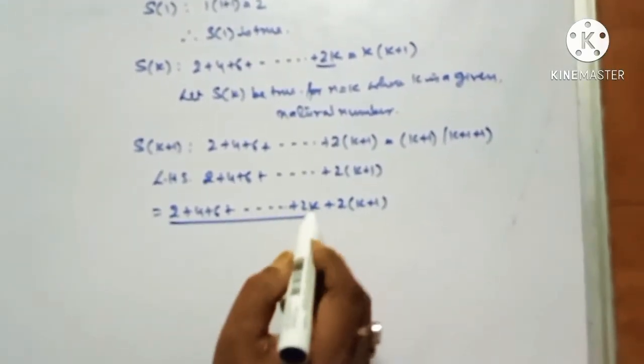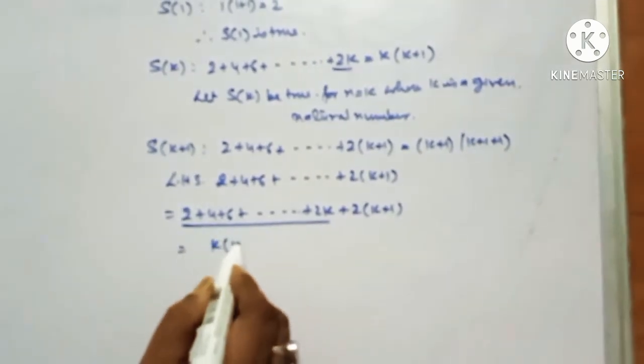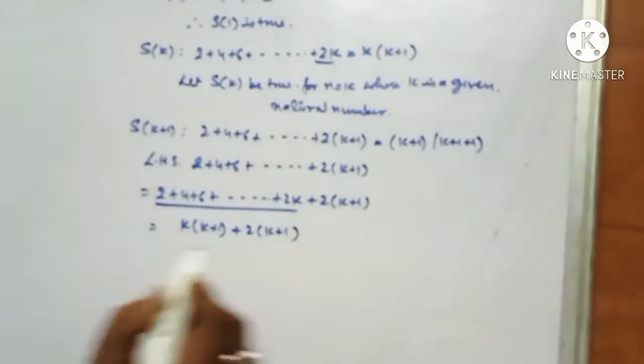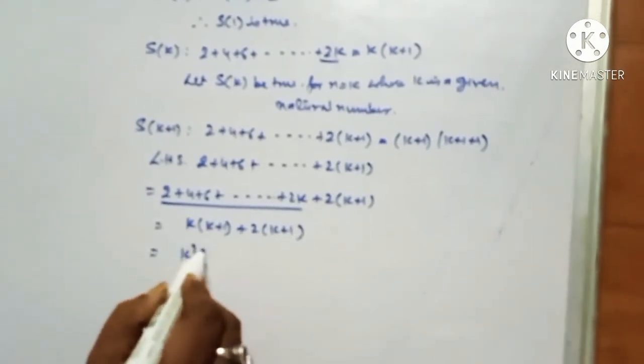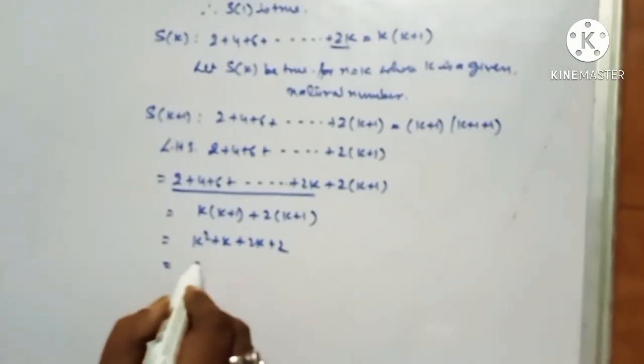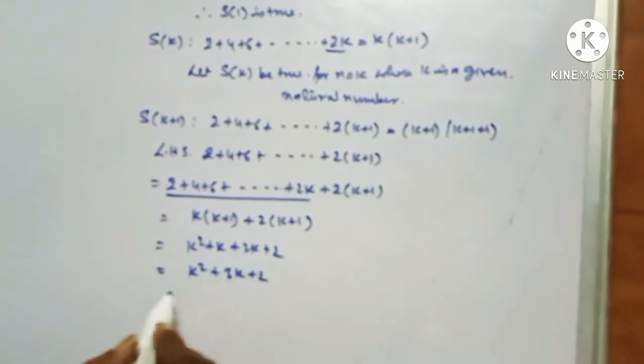Now this value is k into k plus 1 plus 2k plus 2. So this will be k square plus k plus 2k plus 2, so k square plus 3k plus 2.